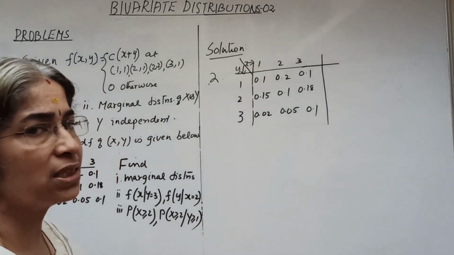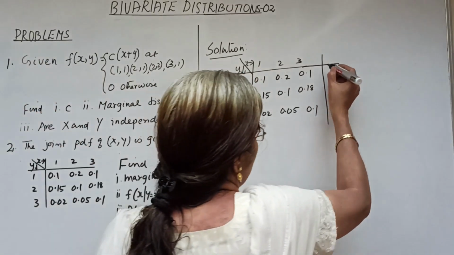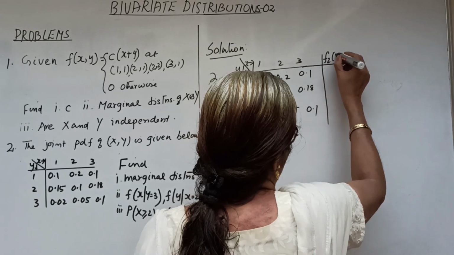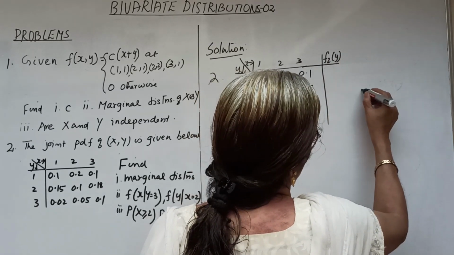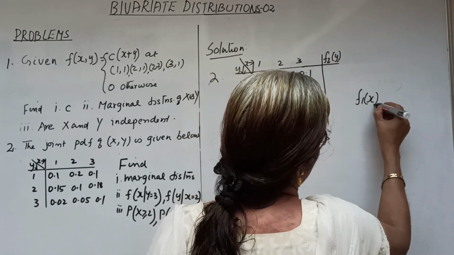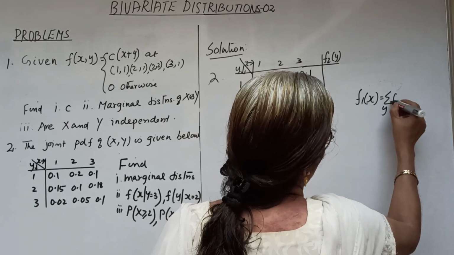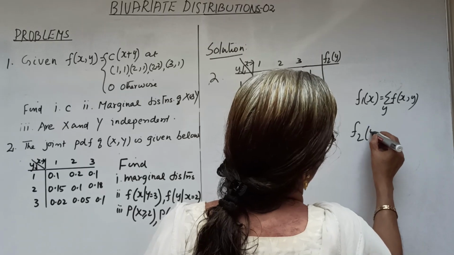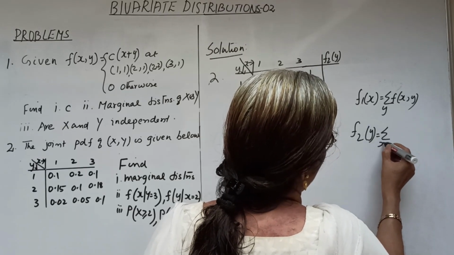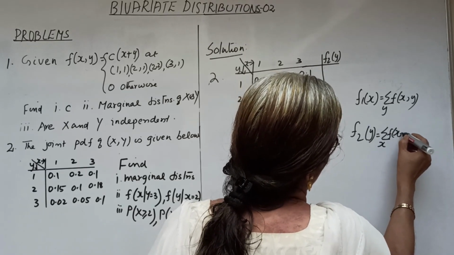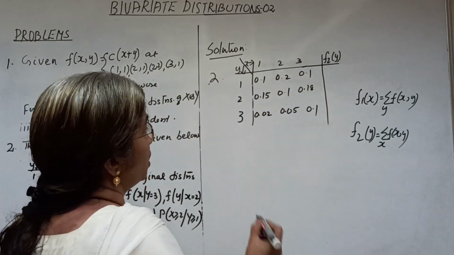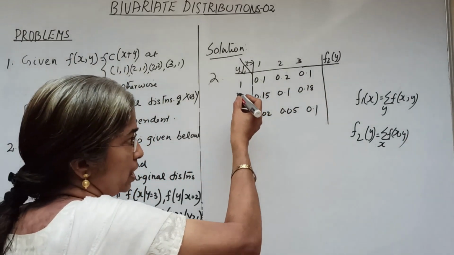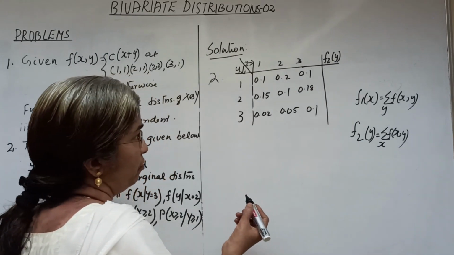Here, as y is given in rows, we have f1(x) equal to sigma over y of f(x, y), and f2(y) equal to sigma over x of f(x, y). That is, the row totals give the values of f2(y).